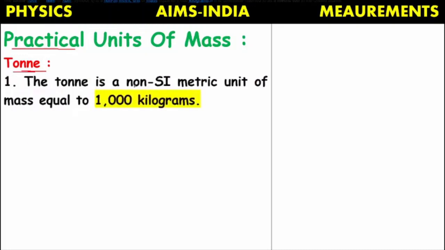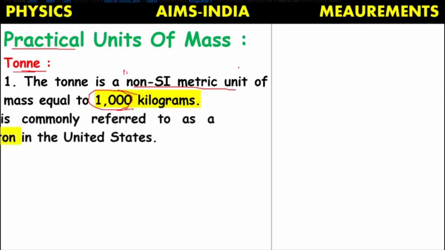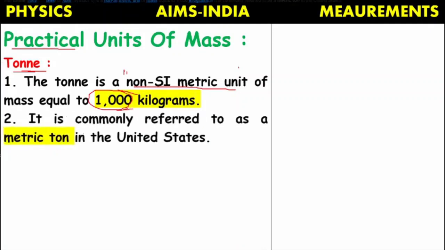The ton is a non-SI metric unit of mass equal to 1000 kilograms. It's not an SI unit. So 1 ton is equal to 1000 kilograms. It is commonly referred to as metric ton in the United States.